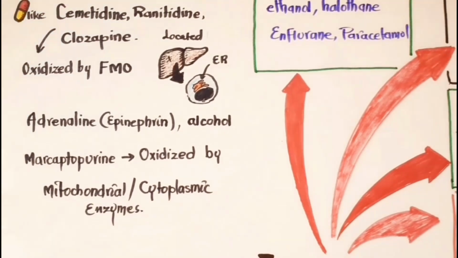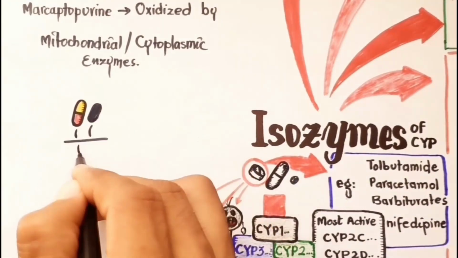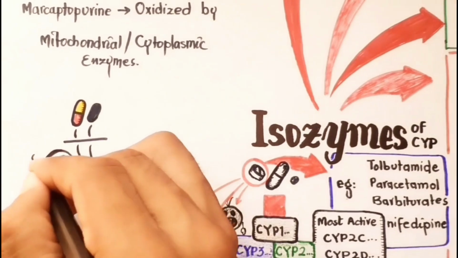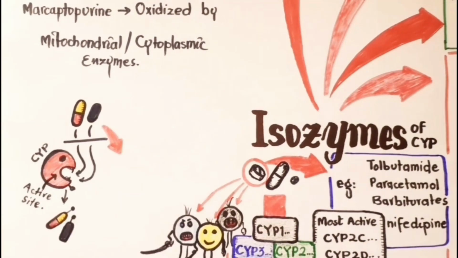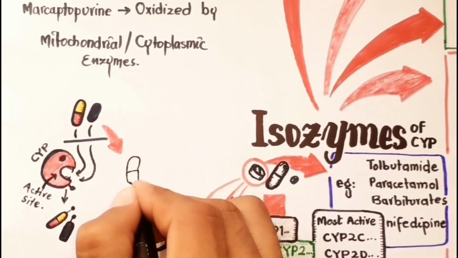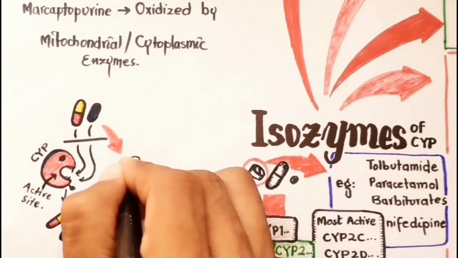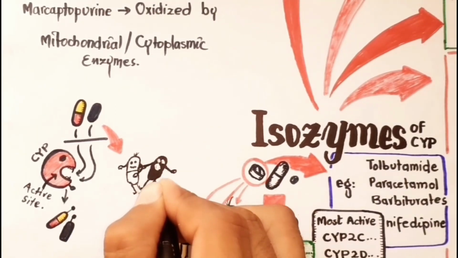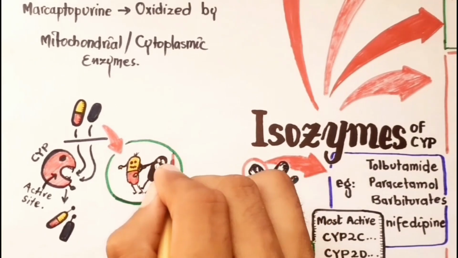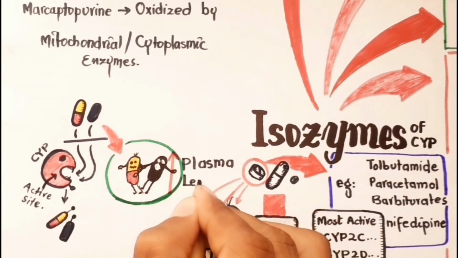When two co-administered drugs are both metabolized by a single CYP, they compete for binding to the enzyme's active site. This can result in the inhibition of metabolism of one or both drugs, leading to elevated plasma levels.